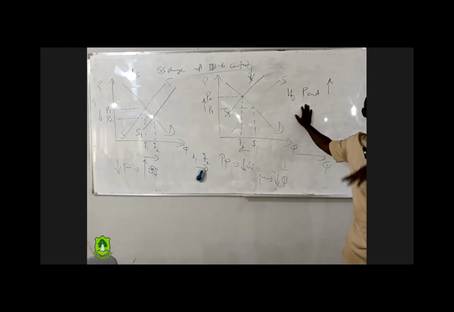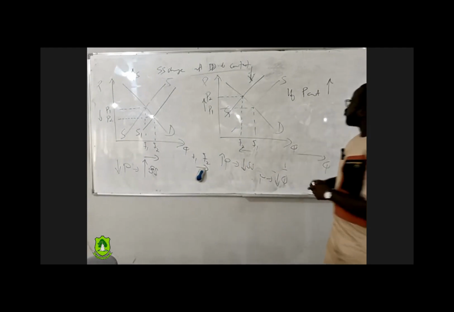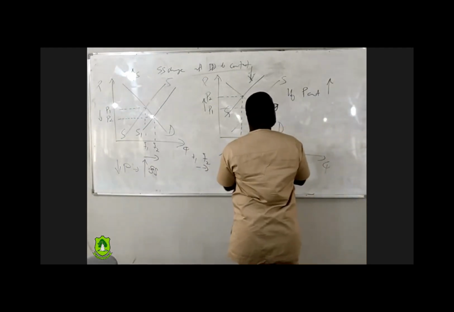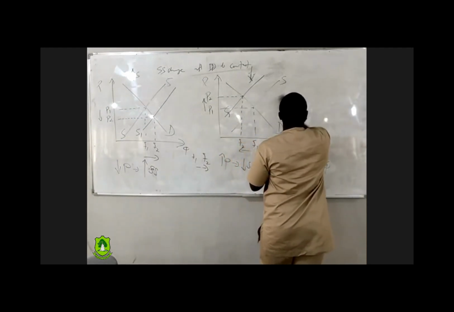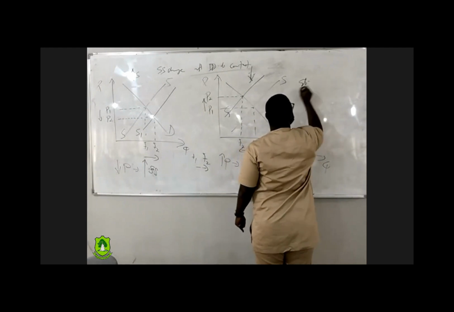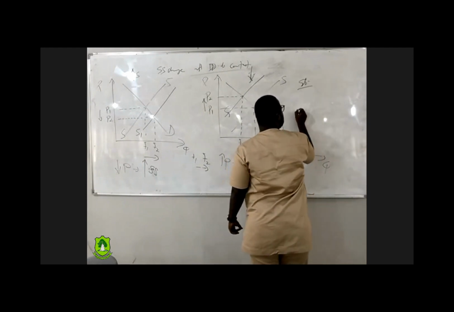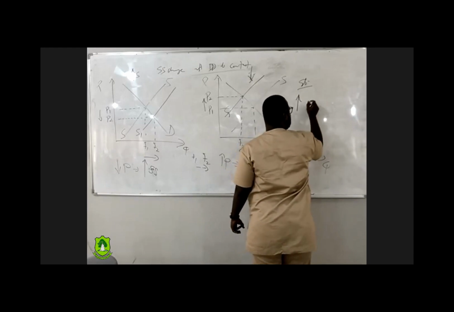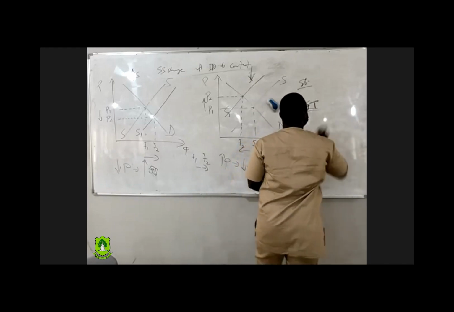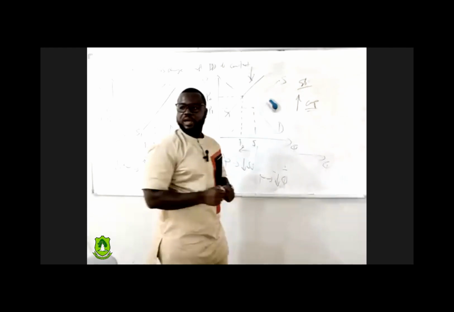So there is going to be an increase in the production of cement. Are you getting it? If there is going to be an increase in production of cement as a result of, say, a subsidy to cement producers, Dangote and the rest, what will happen to supply?